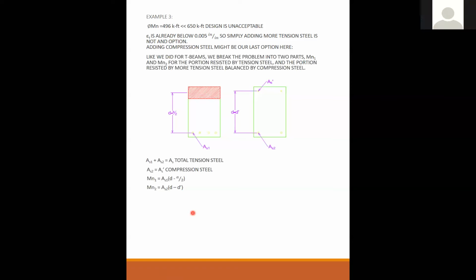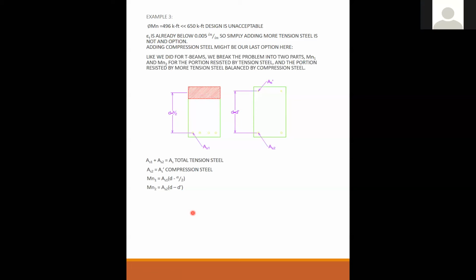Professor, however much compression steel we add, the same amount has to be going into the tension steel on the bottom? Very close. Let's phrase it like this. Whatever compression steel you add at the top, you may add that much more steel to the bottom, and it doesn't change epsilon sub t.